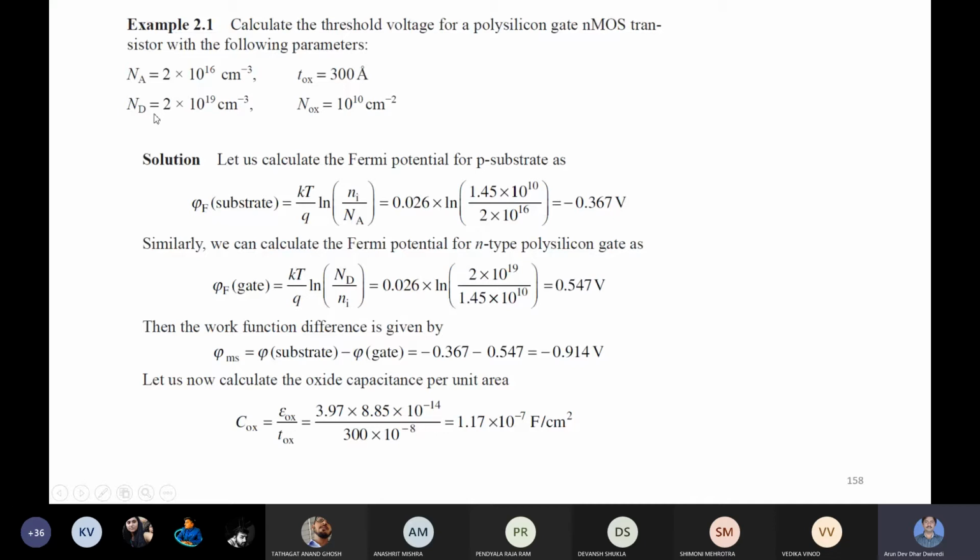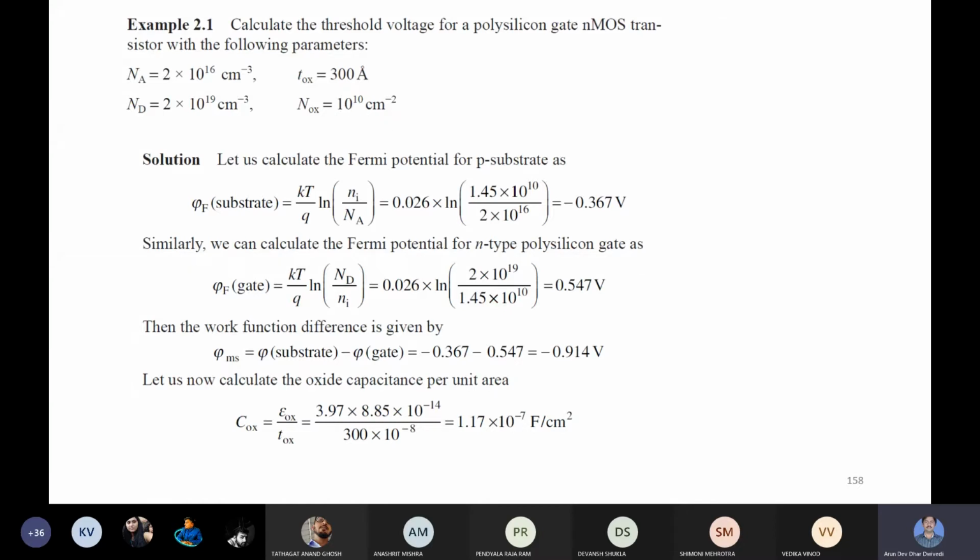The polysilicon gate is basically N plus, a highly doped N region, and Nd is given as 2 into 10 power 19 per centimeter cube. The oxide charge density, the charge present in the oxide, is given as 10 power 10 per centimeter square.